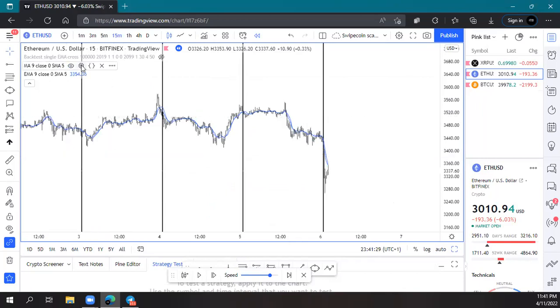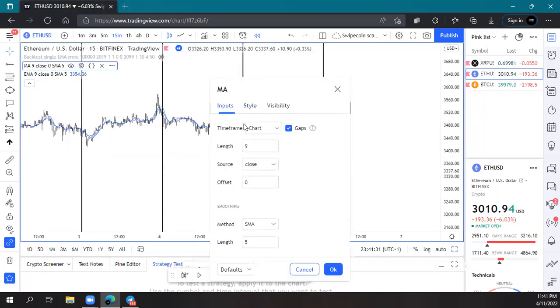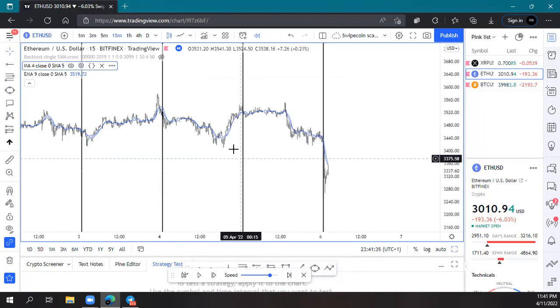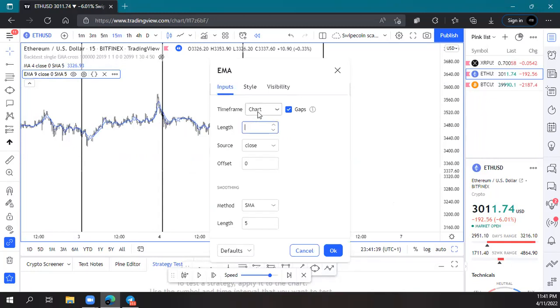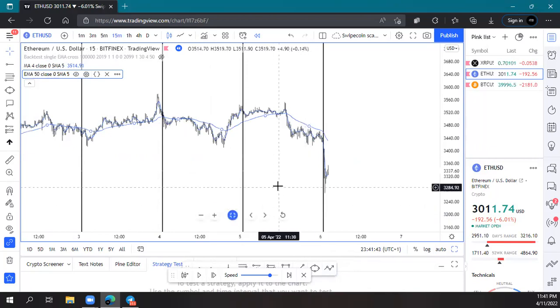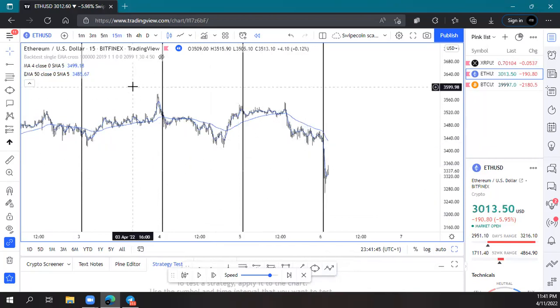So your MA should be set to 4, and your EMA should be set to 50. Once you set it like this, MA 4, EMA 50, come to this top where it says create alerts.